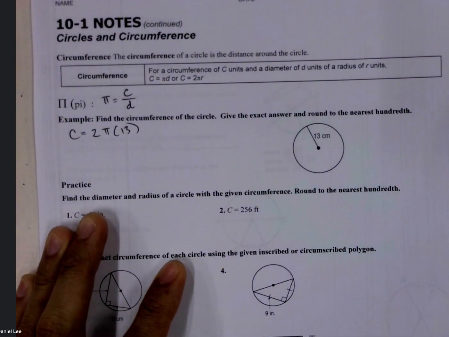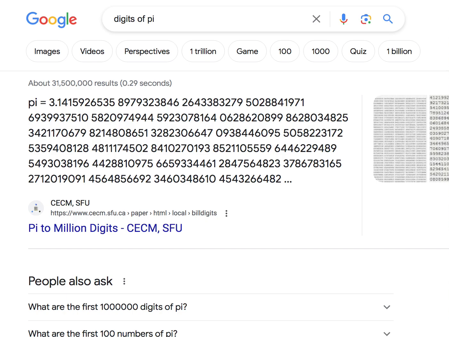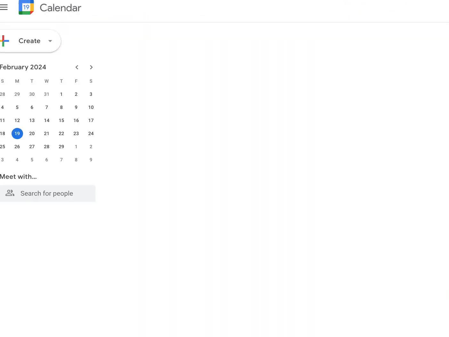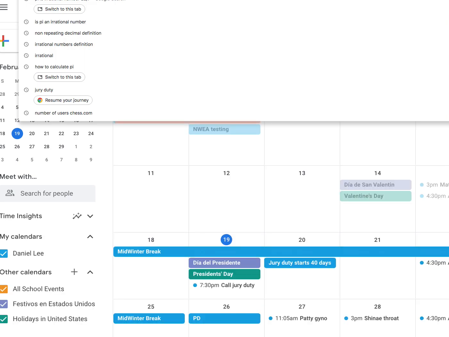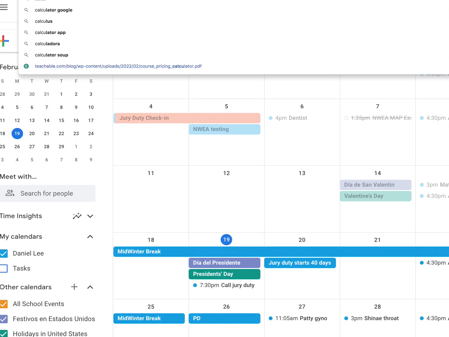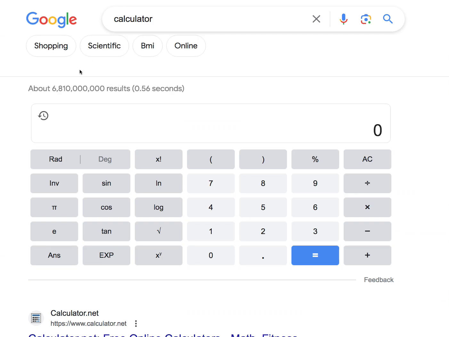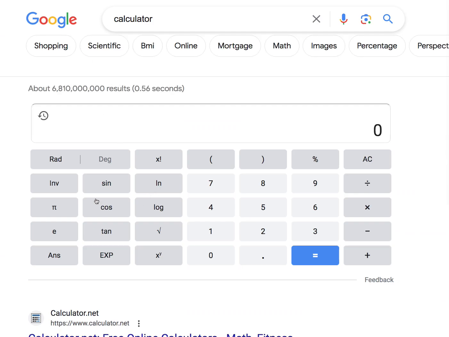We'll go ahead and drop that into a calculator. And you can see on most calculators we have a pi button.